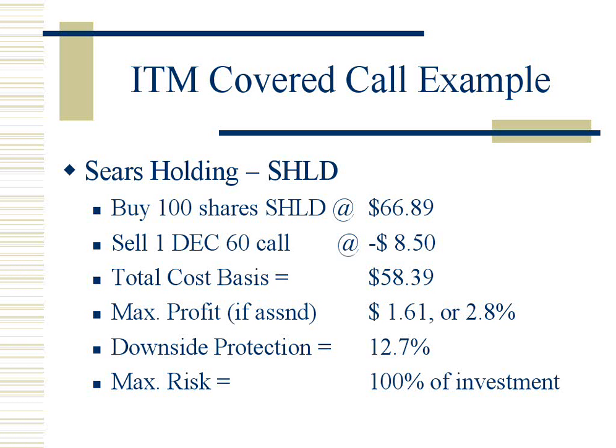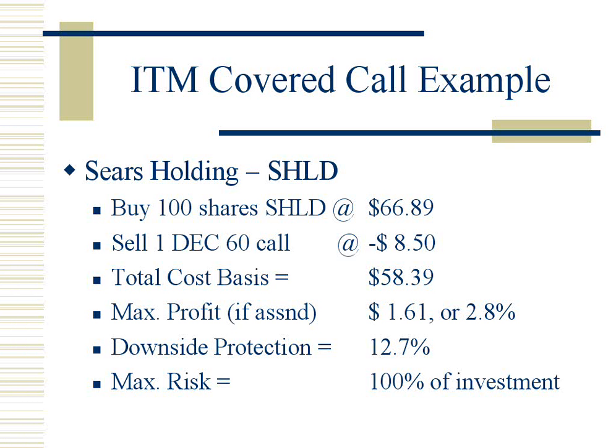I am an educator. So, at the close of business today, we could buy 100 shares of SHLD at $66.89 per share. At the same time, we can sell one December 60 call, one contract, for $8.50. We collect $8.50 of premium, and we are roughly $6.90 in the money.